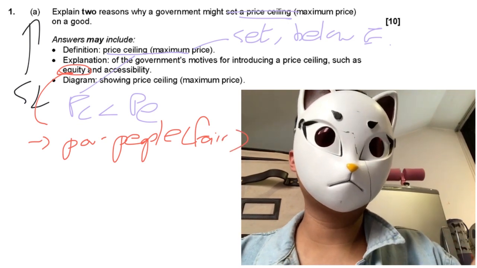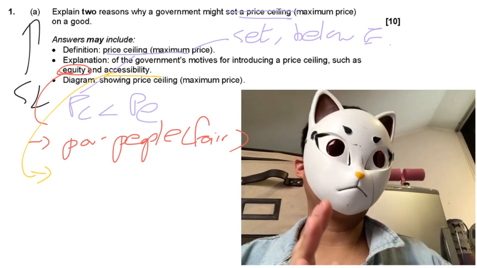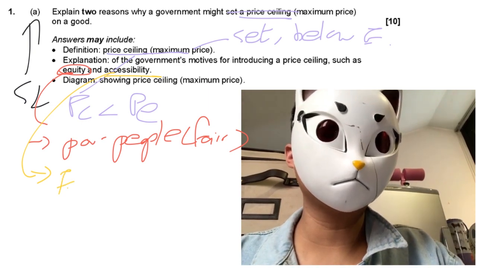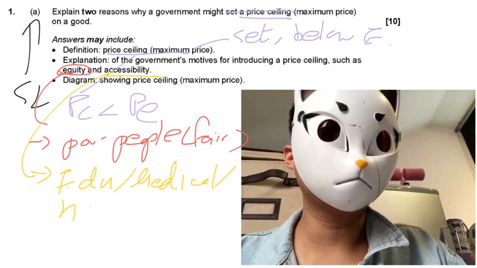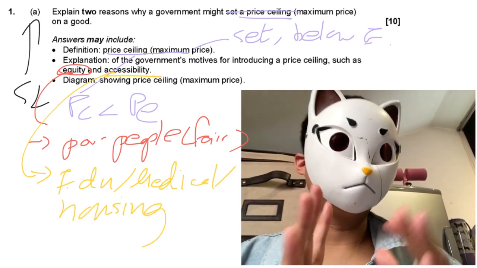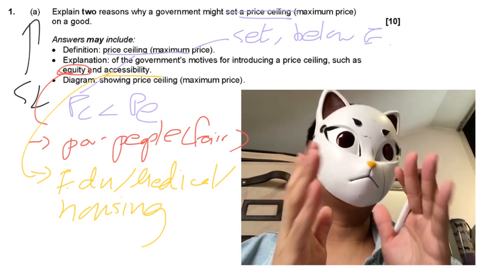The next is accessibility, for services such as education, medical care or housing. These are important, so they are available to the poor.